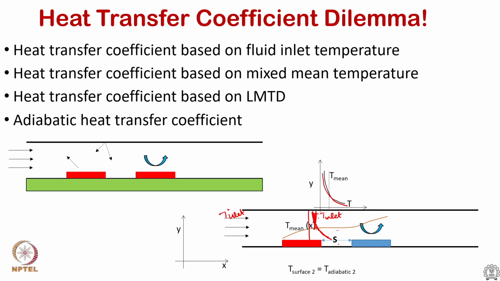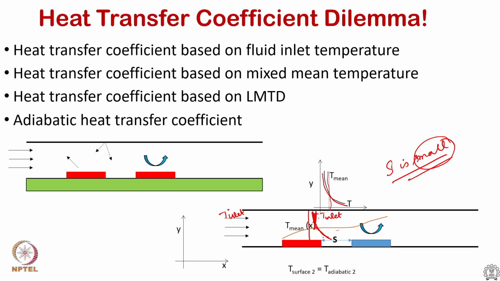So if this distance S is small, this is small is a vague term, we won't be able to quantify it. The idea of small here is that it is not sufficient for this hot fluid and the cold fluid on the top to get mixed and give us a mean temperature like this, which is a flat line.